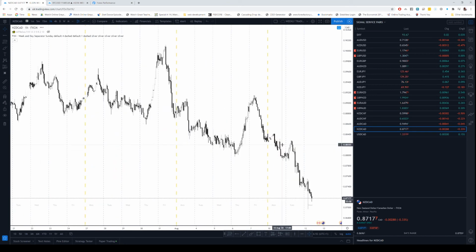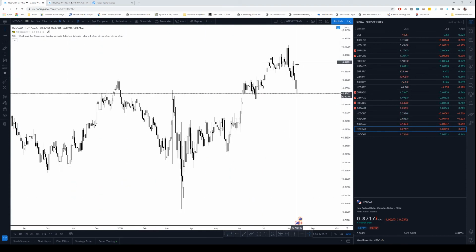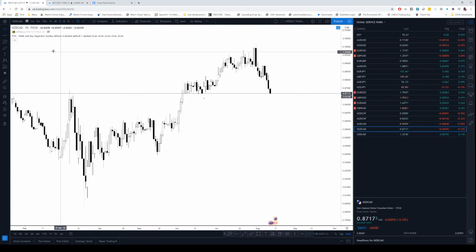And let's see, I think the CAD is too strong right now. The CAD is very strong, so I don't see price probably going anywhere. If we do, then we'll still be looking for a sell up here, so no problem. But let's look for a continuation to the downside.